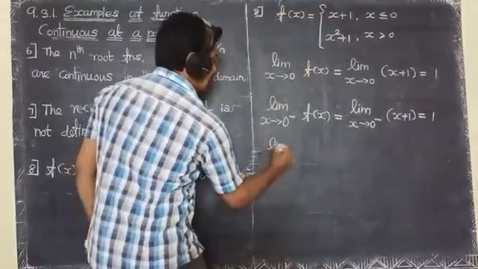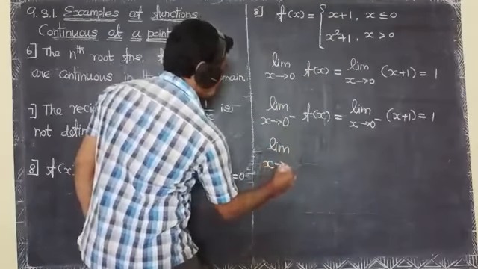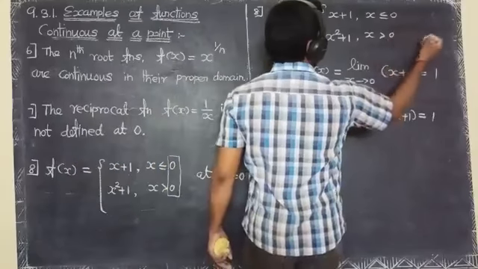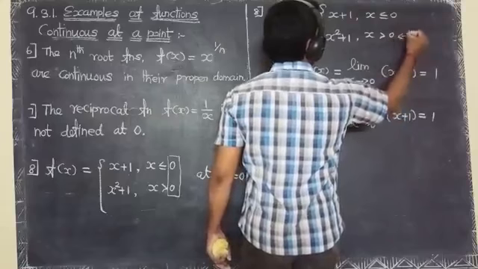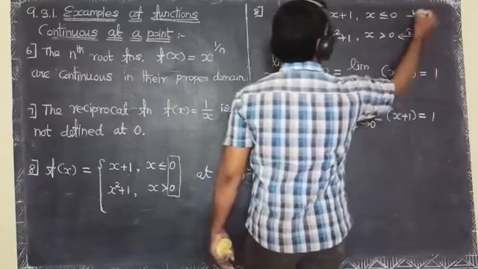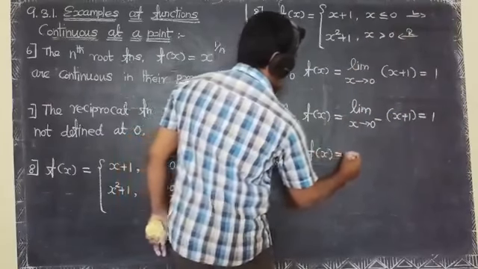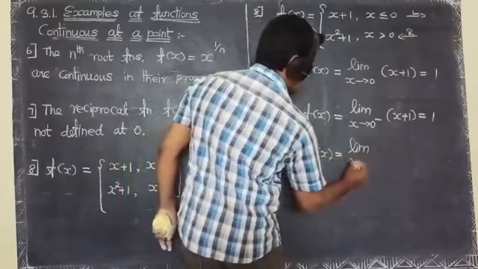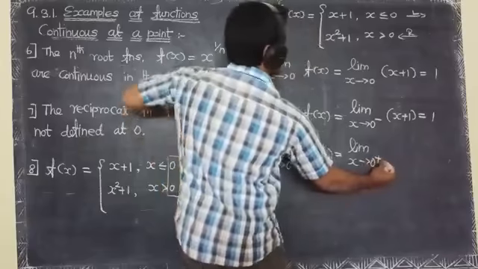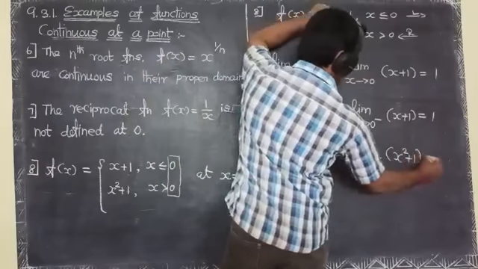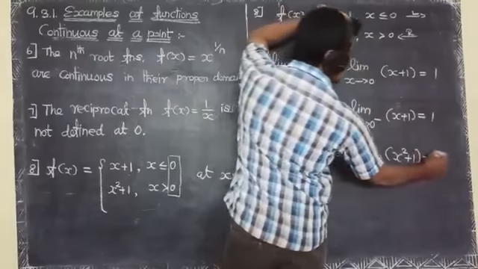Next, to find the right hand limit, x approaches 0 plus, x greater than 0 means positive values, so choose the function x square plus 1. Replace x equal to 0 into the function: 0 plus 1 is 1.